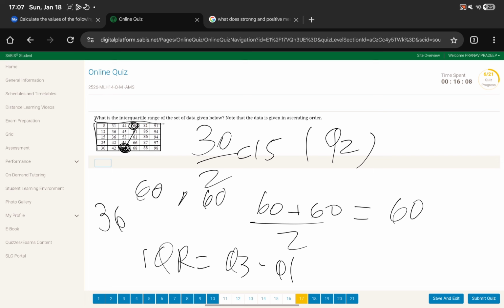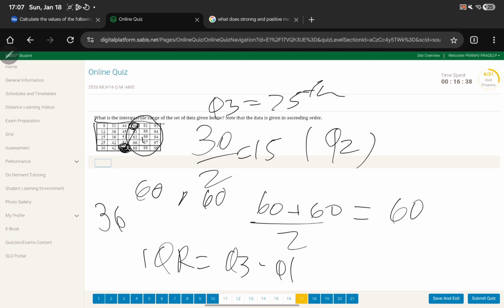Wait. Which is 20. Okay, never mind. Just take the half. What's half of the right side? So Q3 is basically 75th percentile. So just find 16, 17, 18, 19, 20, 21, 22, 23.